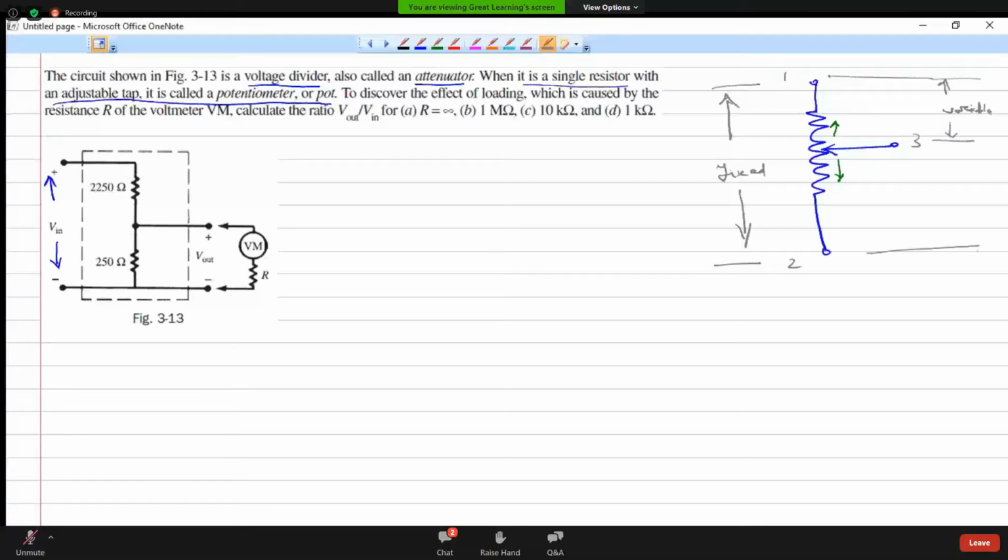And across 2 and 3 also we will get a variable resistance. As we move this lead to and fro, we get variable resistance between 1 and 3 and between 2 and 3. So this device is called a potentiometer.